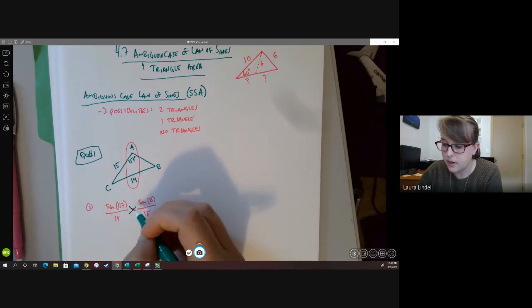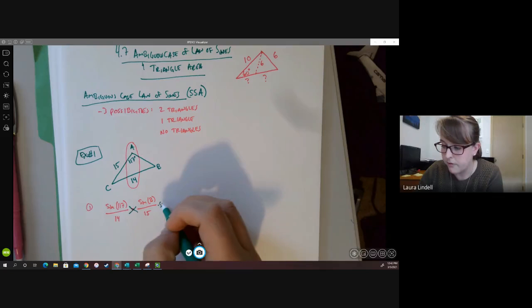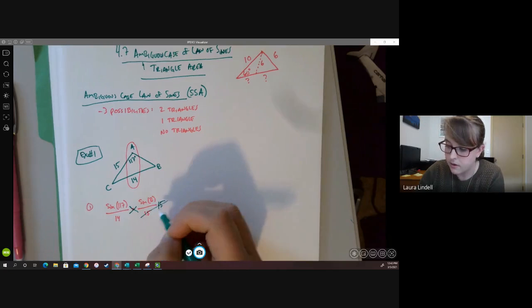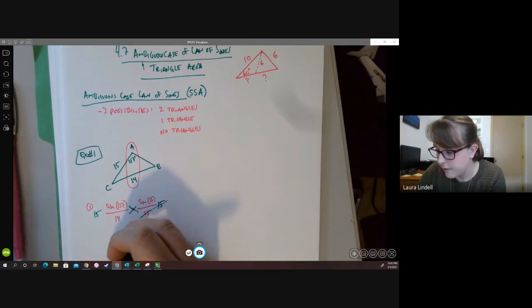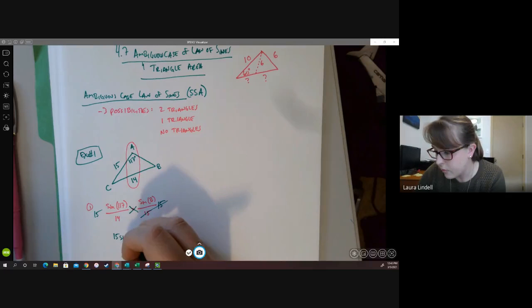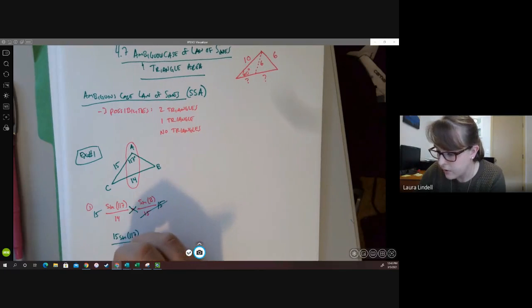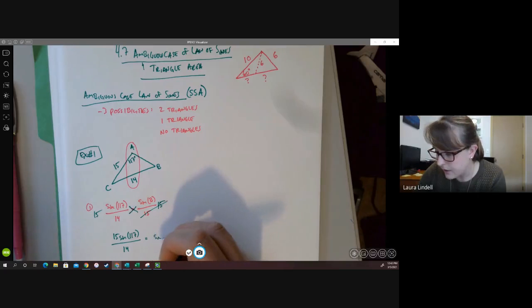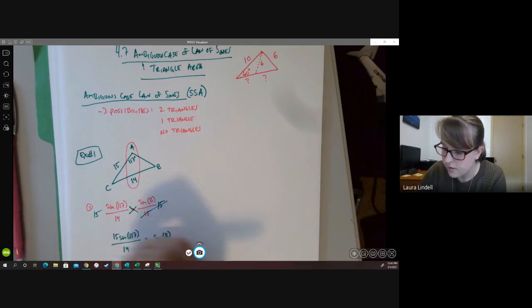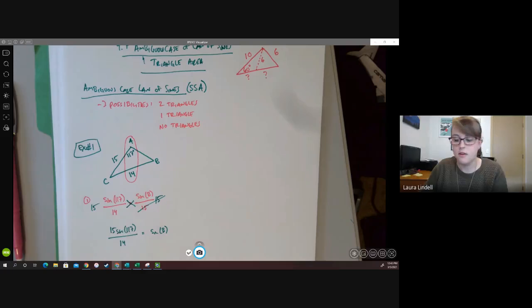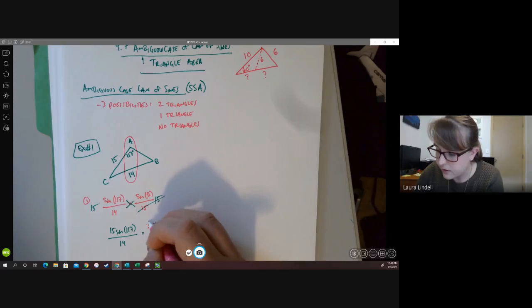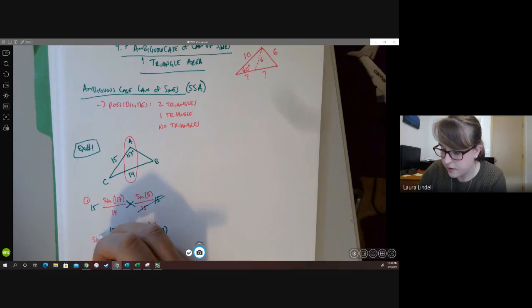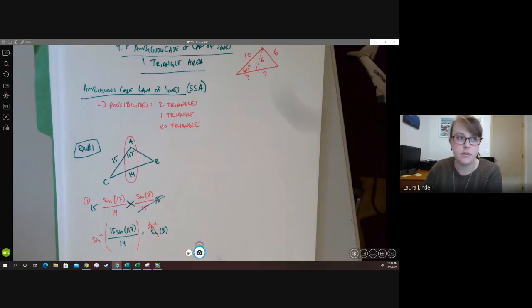So you can cross multiply if you like, or you can just multiply by 15 on both sides. Actually, that's probably the better method here. And then you get 15 sine of 117 over 14 equals sine of B. And then you take the inverse sine on both sides, just like we did right before this on the exit ticket from yesterday.